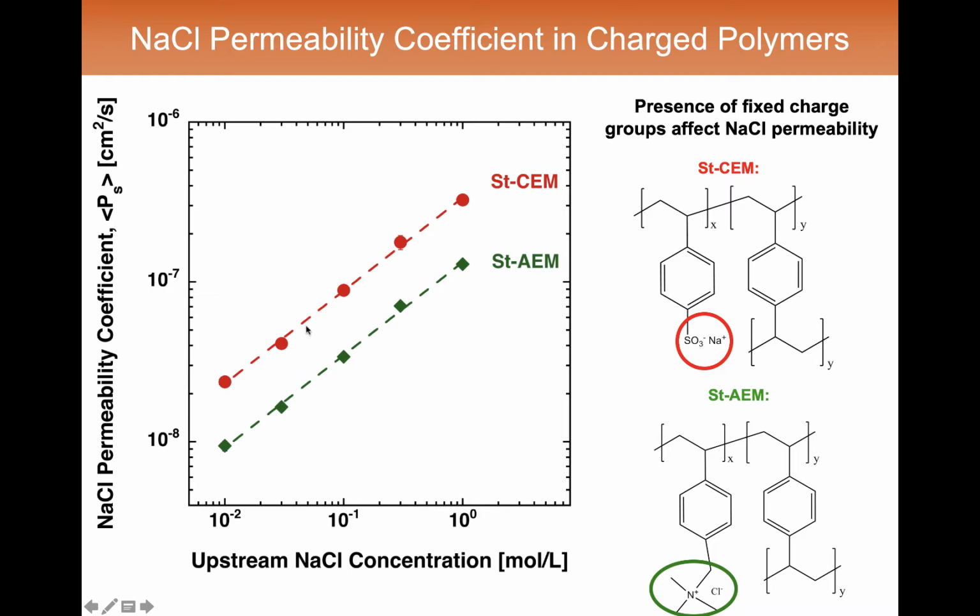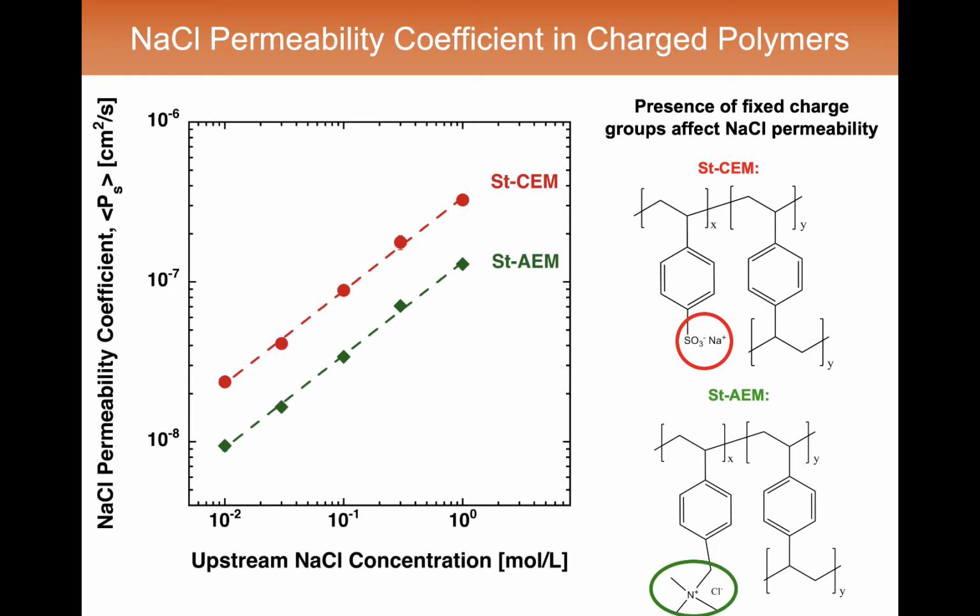And you can imagine that if you were doing a desalination operation, you would want, by reverse osmosis at least, concentration-driven transport, you would want to minimize the salt permeability and maximize the water permeability. And so if the salt permeability were changing dramatically with salt concentration, this could mean that your ability to purify the water was also changing significantly.